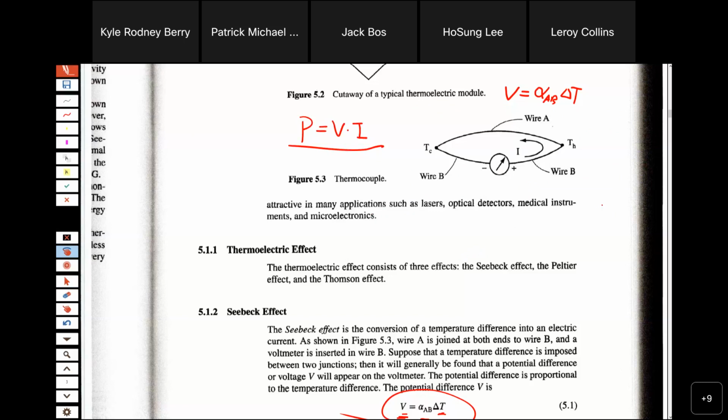Or we calibrate the voltage versus temperature, so that we can read the temperature. This is a thermocouple. Have you heard of the thermocouple, TC? Yes, everybody knows the thermocouple.